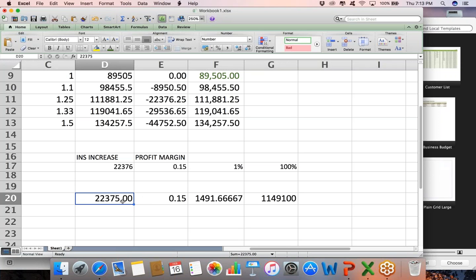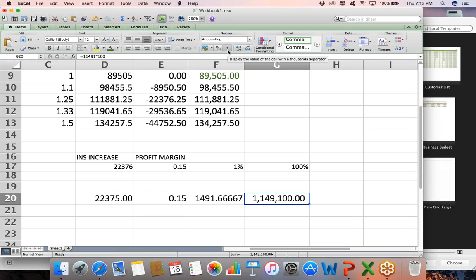In order to do that, and we want a 15% profit margin for our company, in order to make 15% profit, I'm dividing by 15. I got down to 1%, and I'm multiplying up to 100 just to get there. We need to do 1.1. No, that's not right. Hang on.